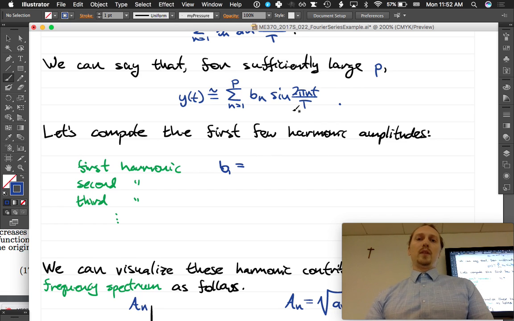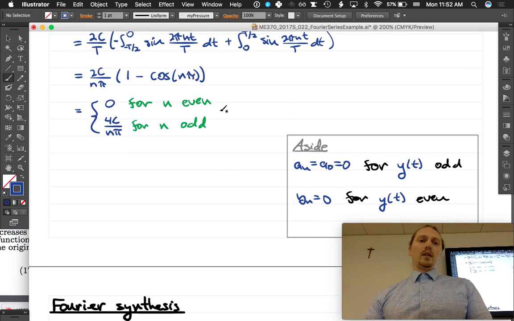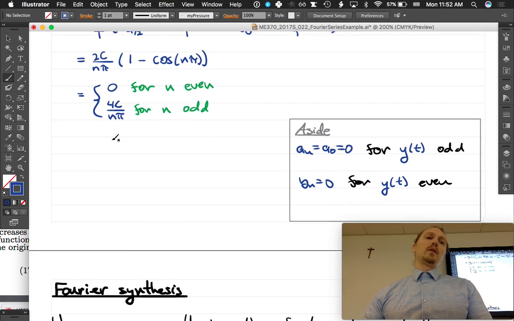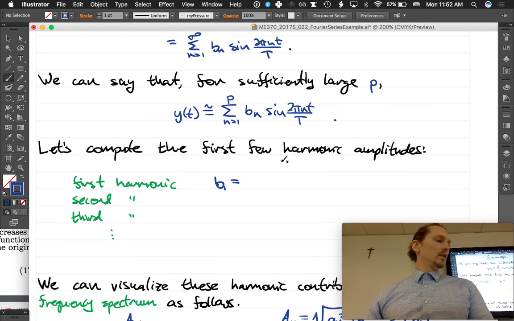So we computed B, right? Is B1 odd or even? So odd. And then n is 1. So it's 4c over pi. And then B2 is what? 0.